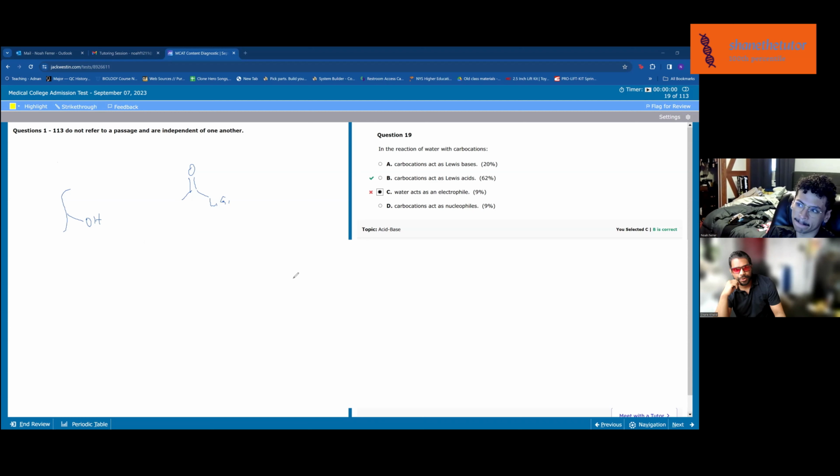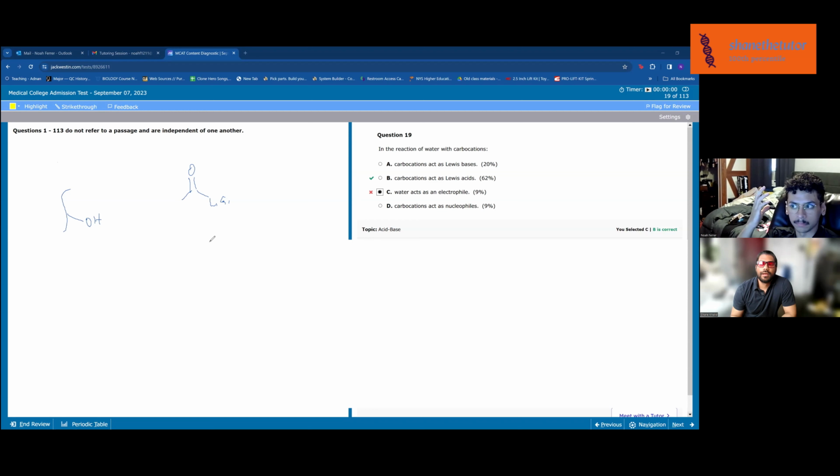So I just drew this hydroxyl group that is going to be the most common nucleophile you'll see on this test. I want you to train your mind, whenever you see a hydroxyl group, to think nucleophile. And a nucleophile means, well, nuclei have what charge?